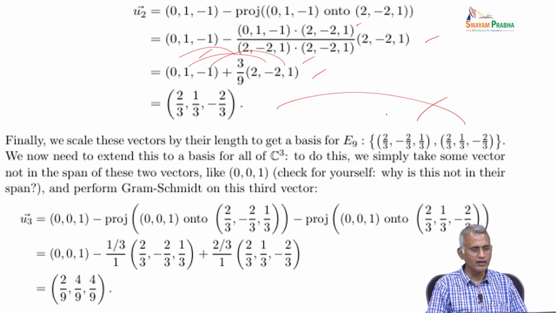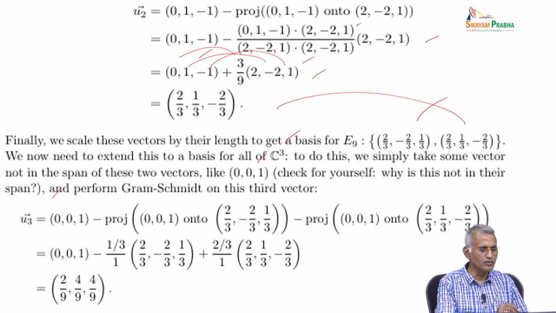Previously we evaluated these. Now, we can extend it to a basis for all of C cubed, and we take some vector not in the span of these two vectors, like 0, 0, 1. Why is this not in their span? Because we perform Gram-Schmidt on the third vector.